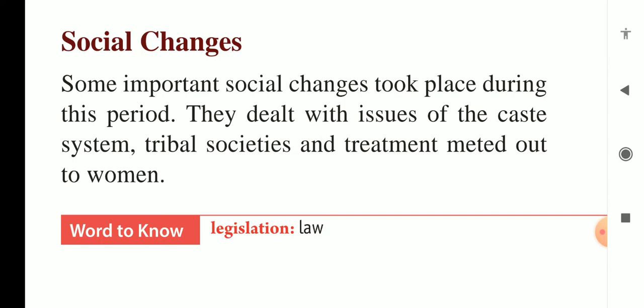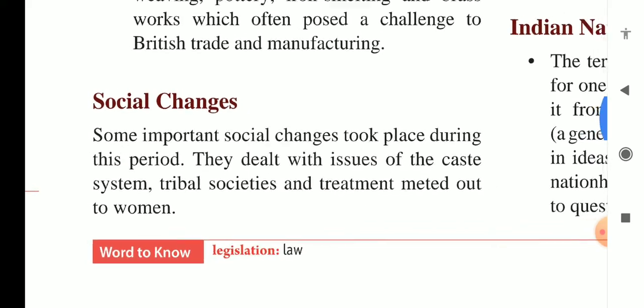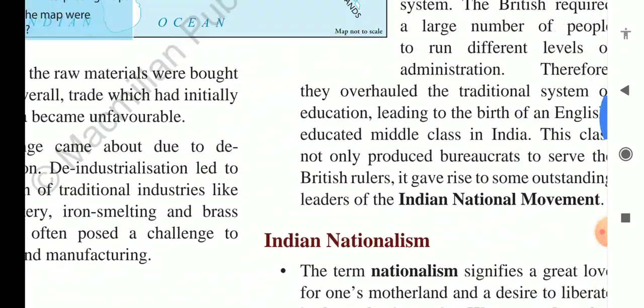Some issues in society were very negative. These social changes dealt with the caste system, tribal societies, meaning Adivasis, and the treatment of women. Women's condition was not very good during that time.